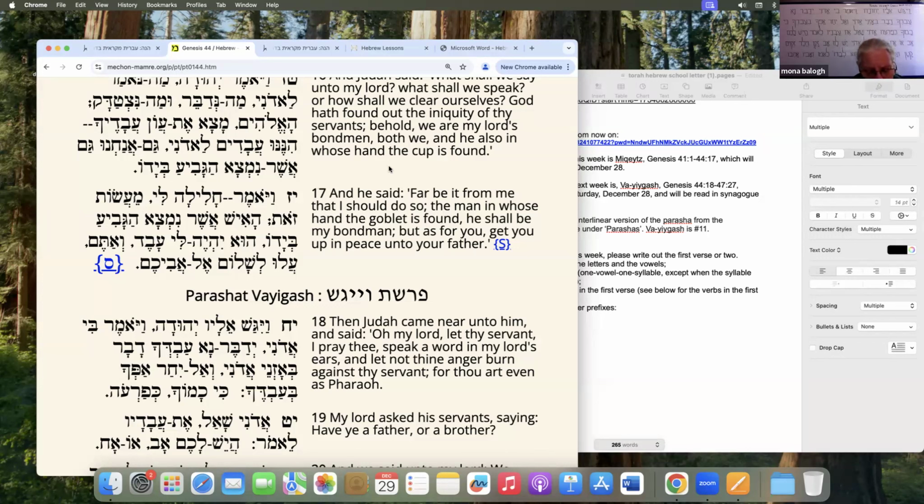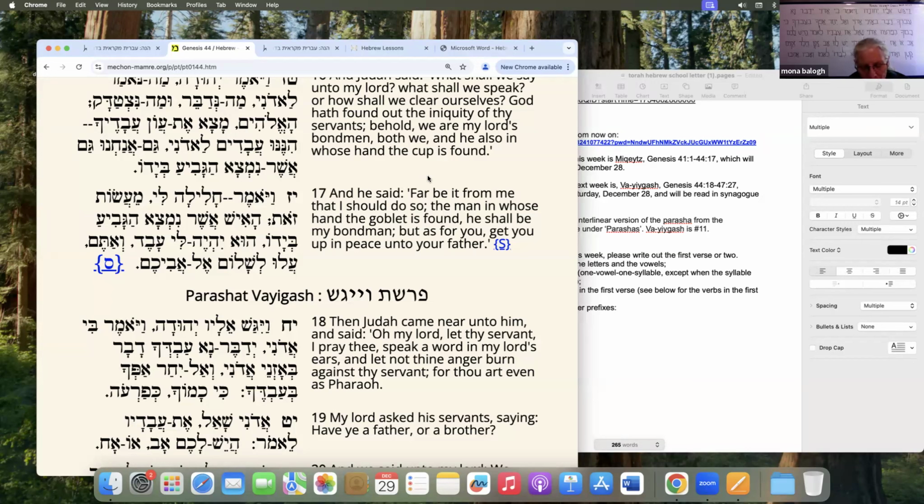The 11th is Benjamin, who was also the son of Rachel. So Joseph and Benjamin were both children of Rachel, but she died in childbirth, giving birth to Benjamin. So Benjamin, in addition to Joseph, was Jacob's favorite child.